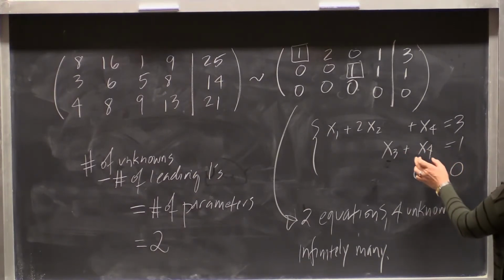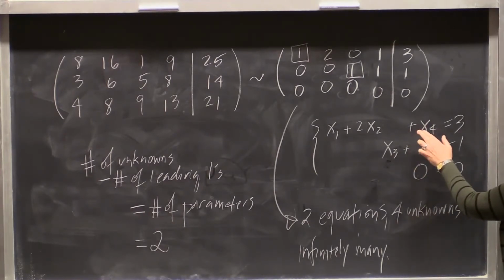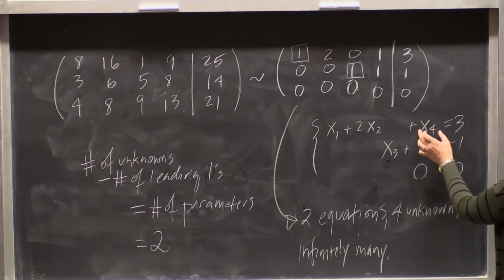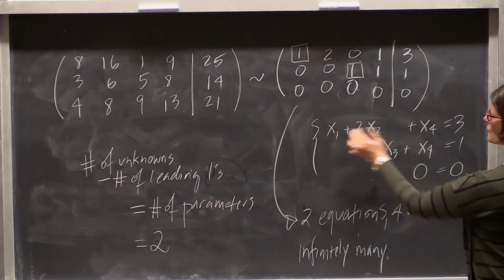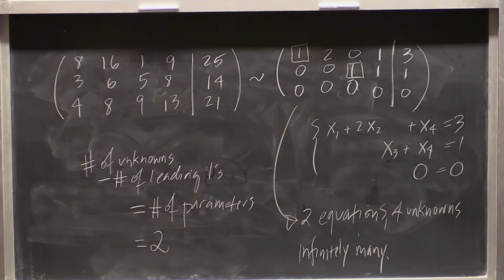If I write x4 in terms of x3, then when I go up to this equation, I'm going to have to plug in for x4 that x4 equals 1 minus x3. Then I would have a new equation in terms of x1, x2, and x3, which is my parameter. So how I choose where to make my free variables is simply in terms of how to most quickly write down a solution of this system.